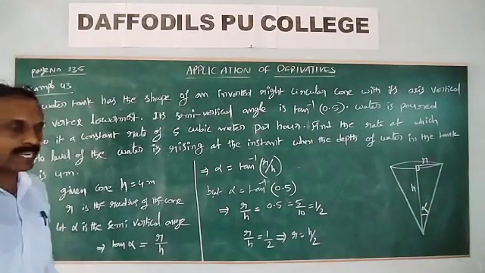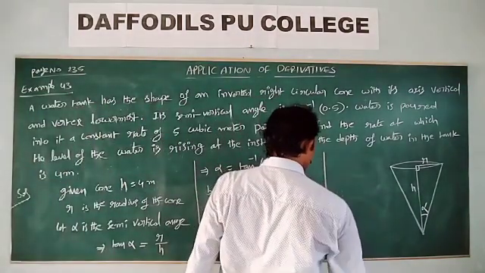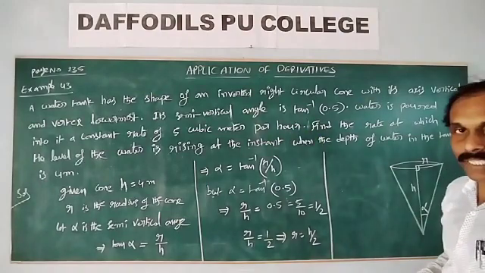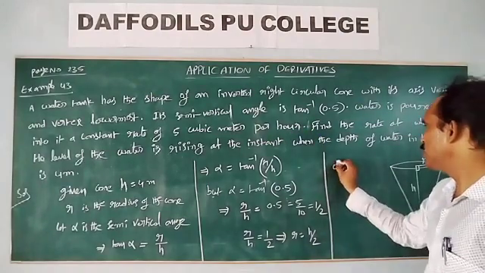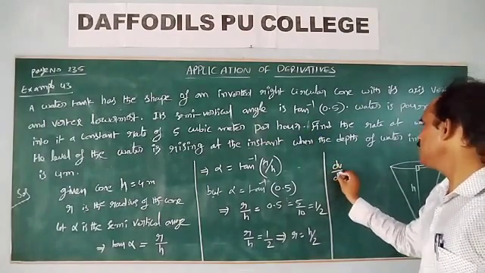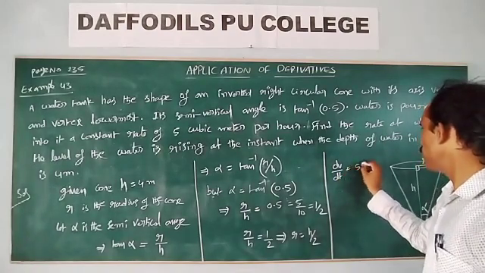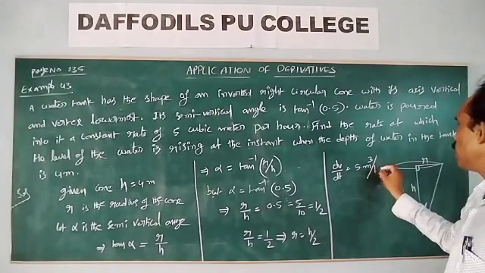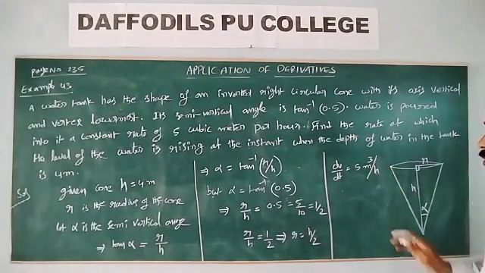This is the given data, and also given is the rate of change of volume of water, dV by dt is equal to 5 meter cube per hour. What do we find?